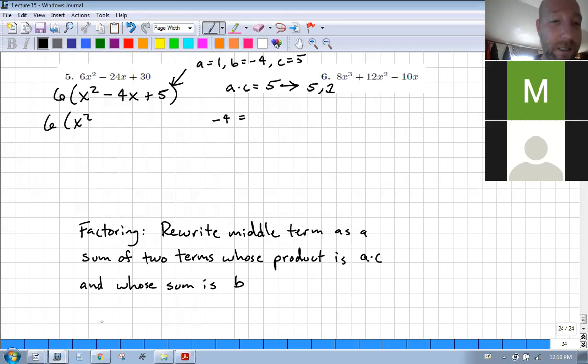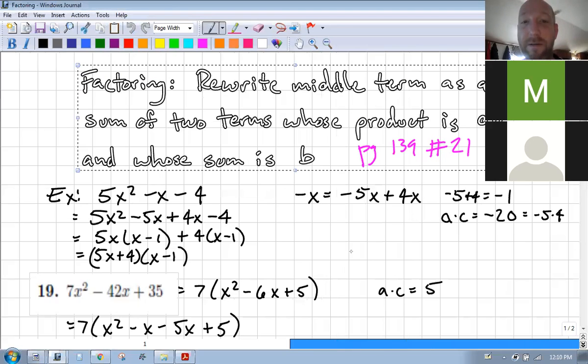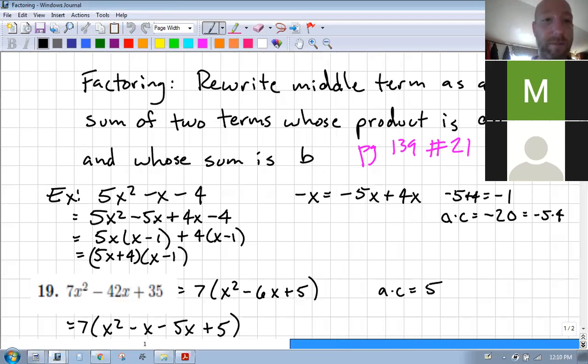Let's look at an example. Been a while since I've done this. So let's look at this example here. We take this middle term, the negative x, and we rewrite it as negative 5x plus 4x, because negative 5 plus 4 is negative 1.